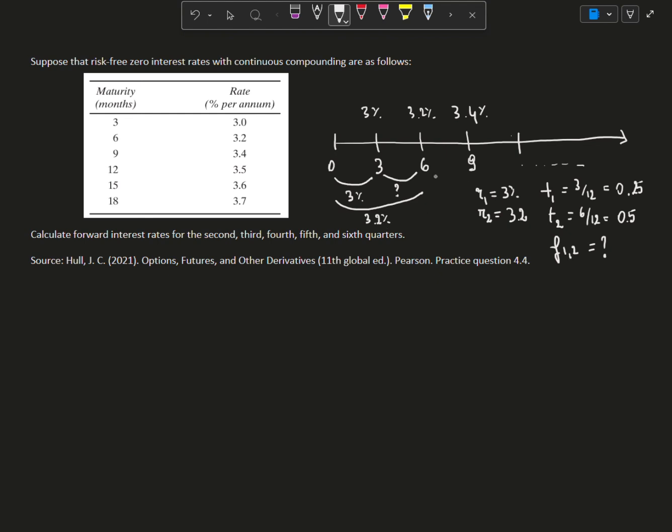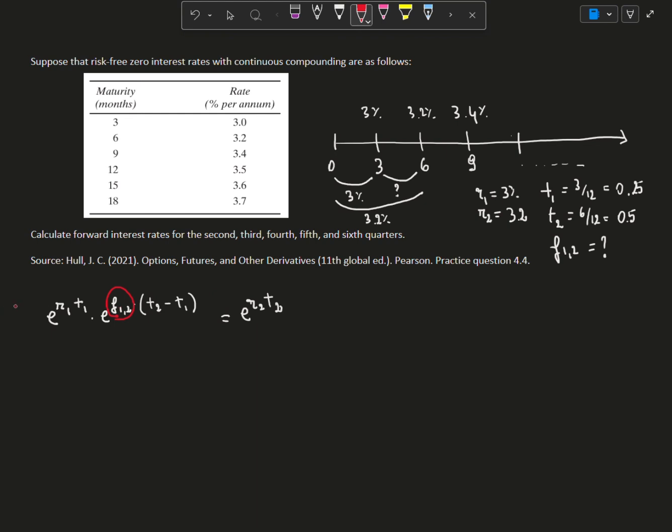So far what we know is that e to the power of R1 T1 times e to the power of our unknown rate, F12, times T2 minus T1 is equal to e to the power of R2 times T2. And what we need to figure out is F12.